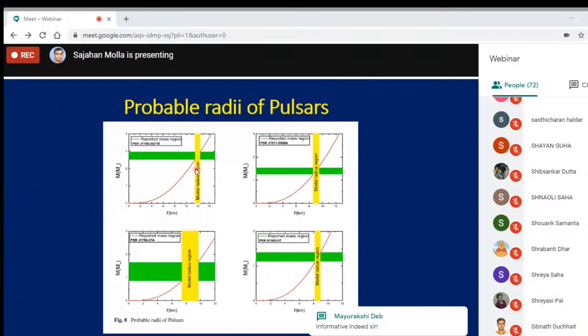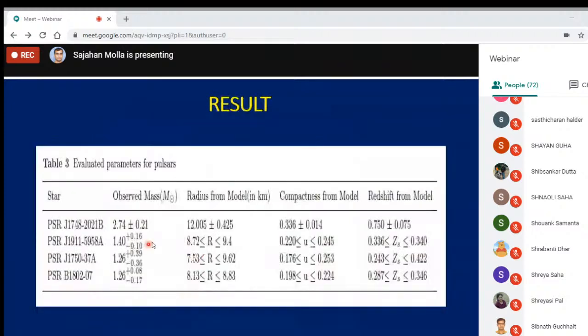When the probable radius of each pulsar is found, we get the result here: the radius of the pulsar from our model, its compactness, and its redshift. Therefore, from our model, we have got pulsars made of ordinary matter admixed with dark matter.